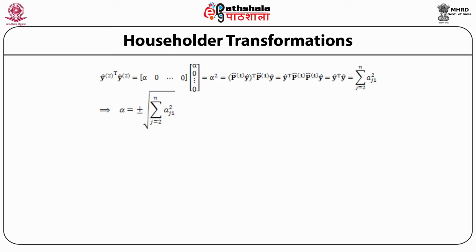This implies that alpha equals plus or minus the square root of the summation over j equals 2 to n of aj1 squared.